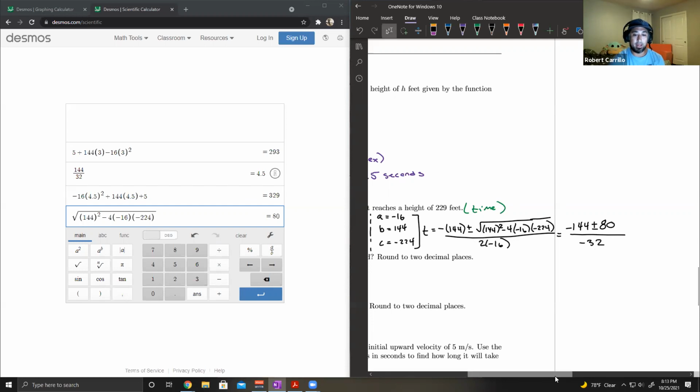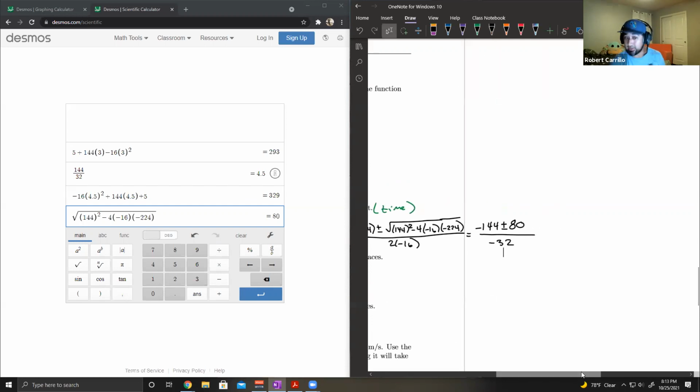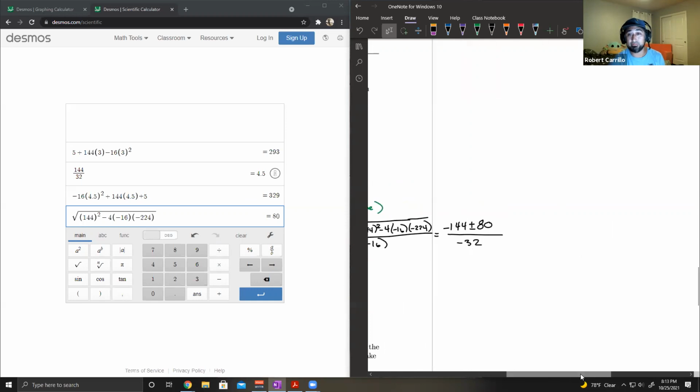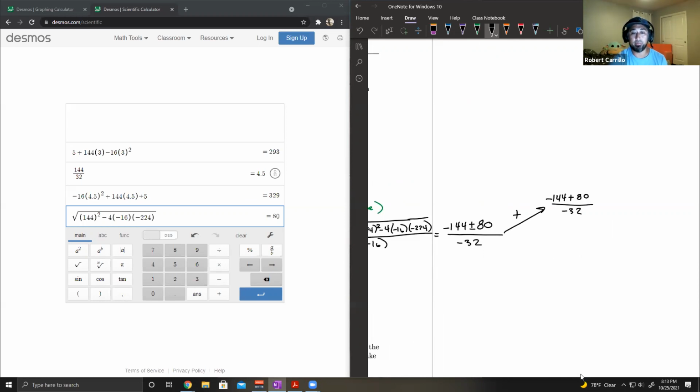Okay. And now since we have clean numbers, we'll do the plus route and we'll do the minus route. So plus will be negative 144 plus 80 over negative 32. Minus will be negative 144 minus 80 over negative 32. So let's see what we get.